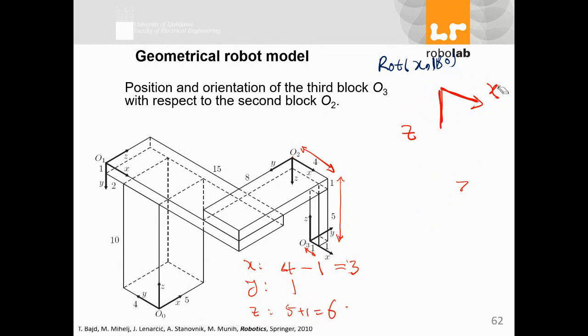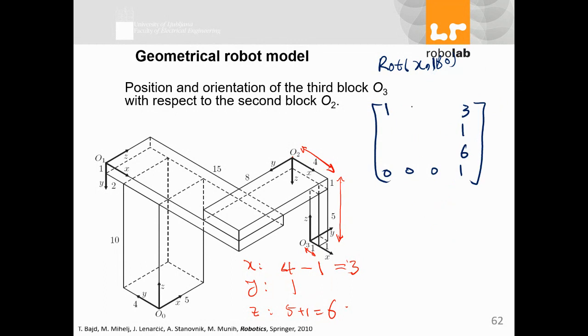Let's write down the matrix to see what we get. For the matrix, I keep this: 3, 1, 6, and 1, 0, 0, 0. It's rotation around x, I have here 0, 0, 0.